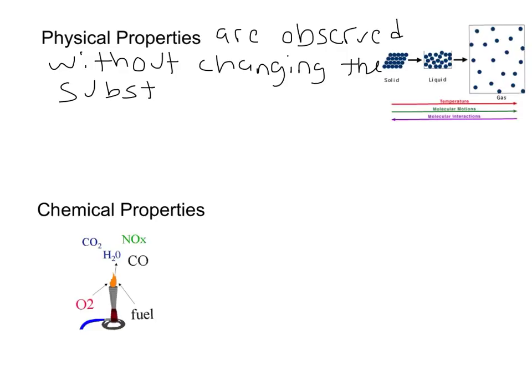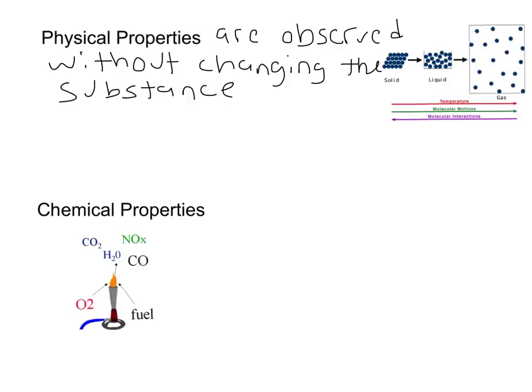We've been talking in our Chem Think about the different kinds of substances, elements and compounds. Either one of those can be a substance. We learned that in 2.1. And when you observe a physical property, you still have the same substance when you're done.